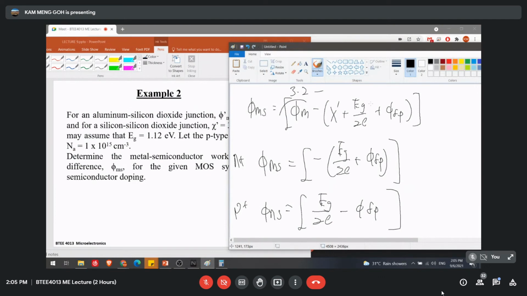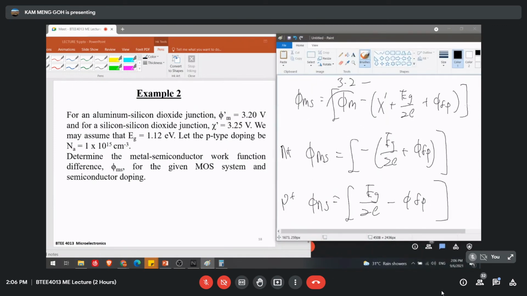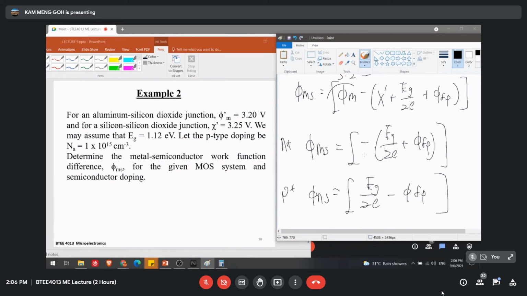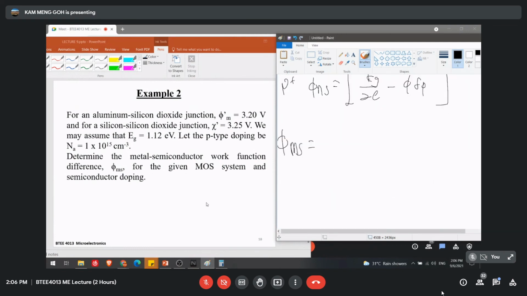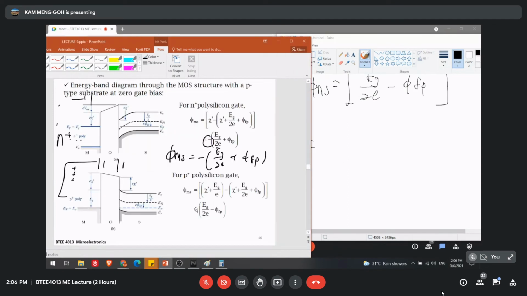Okay, this is how we did it. If we make it general, we don't care whether it's M plus or P plus, we need to calculate the delta MS. Then we need to use this formula.